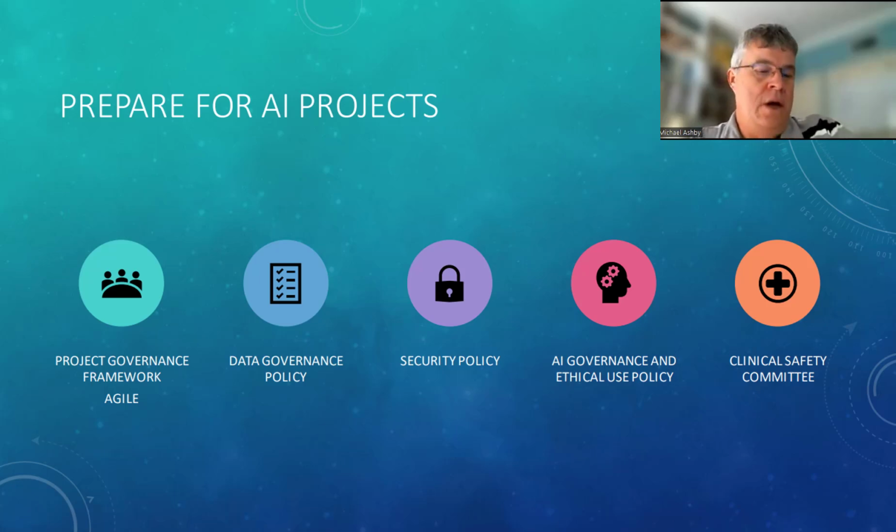We also, this is the new one, make sure you've got an AI governance and ethical use policy. The field is changing so fast that you're not going to be able to get too specific in this policy, but laying down some principles, some guidelines, some guardrails, as it were, for your project to say, as an organization, this is what we will do with AI, but this is what we won't do.